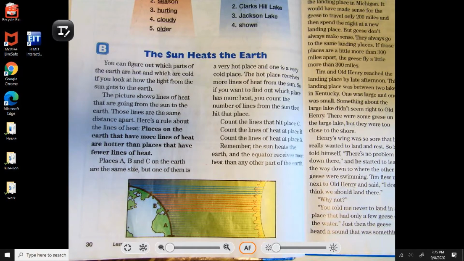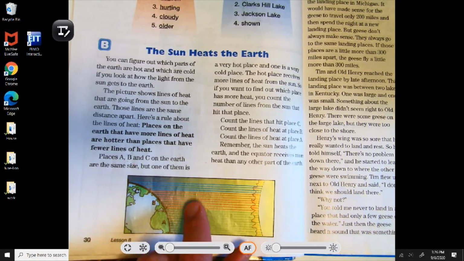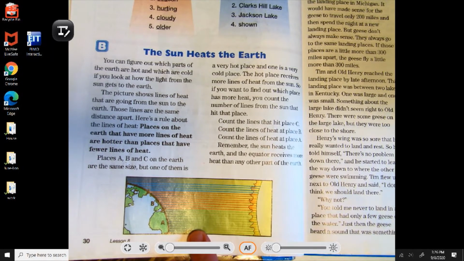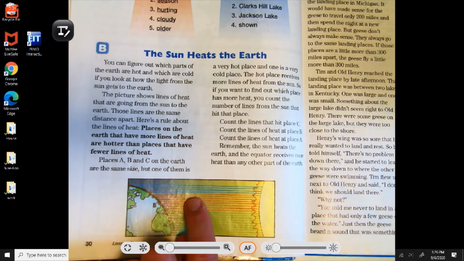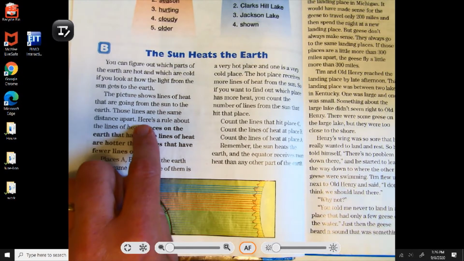So scholars, let's touch those lines. Notice that all the lines are the same distance apart, but some of the lines are longer than other lines. But they're all the same distance apart from each other, just some are longer than others. Ready?